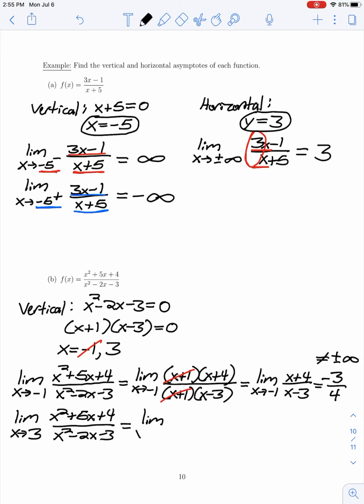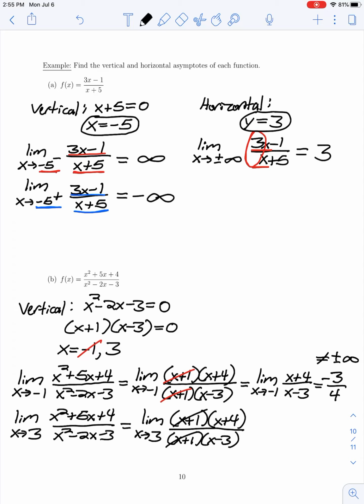So here, if we think about this in a little further detail, we can factor our numerator as x plus 1, x plus 4, over x plus 1 times x minus 3, and again cancel that common factor of x plus 1 on top and bottom. So we have the limit as x is approaching 3 of x plus 4 over x minus 3.